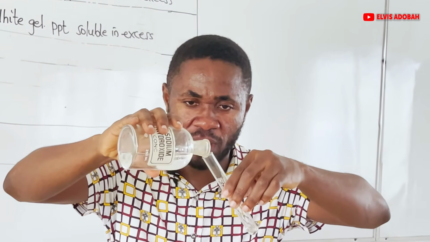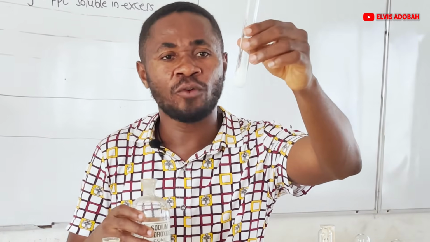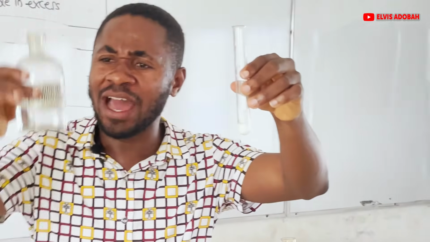So first dropwise. We form a white chalky precipitate. Let's add our aqueous sodium hydroxide in excess and see what happens.